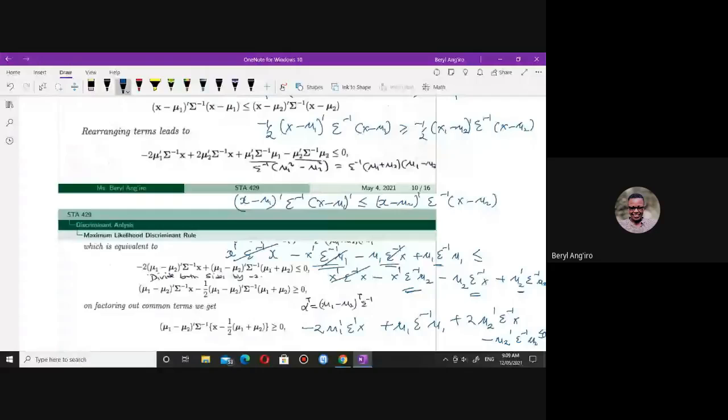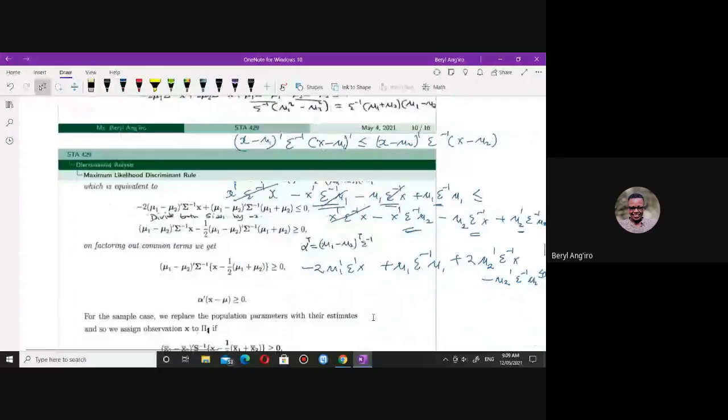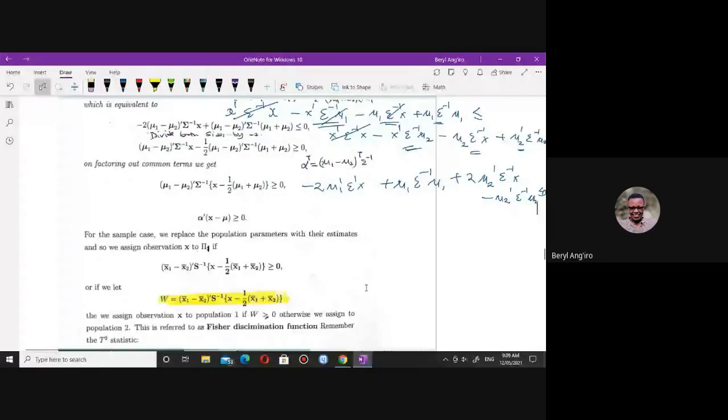Then we have mu1 and mu1, so we can collect the like terms here. That is mu1 and mu2, this and this. So we have minus 2 (mu1 minus mu2) transpose sigma inverse, then plus these other terms again.